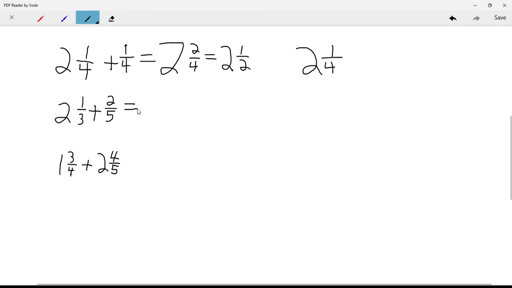Now we have 2 1/3 plus 2/5. In this case, the denominators are not alike, so we just follow the rules we used when adding fractions with unlike denominators. We have 3 and 5.